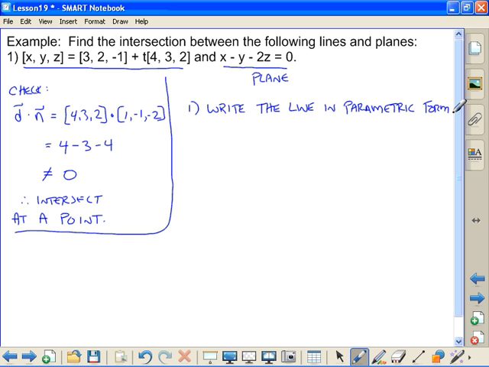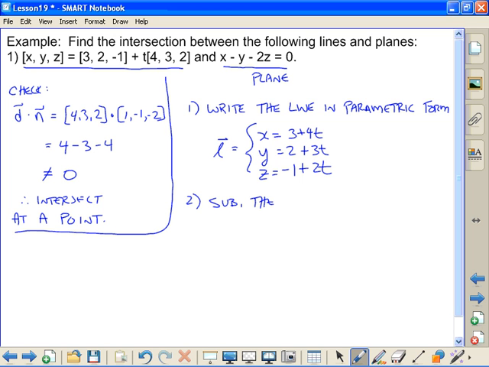So we end up with our line is actually equal to x equals 3 plus 4t, y equals 2 plus 3t, and z equals -1 plus 2t. Step 2, substitute the line equation into the plane equation.